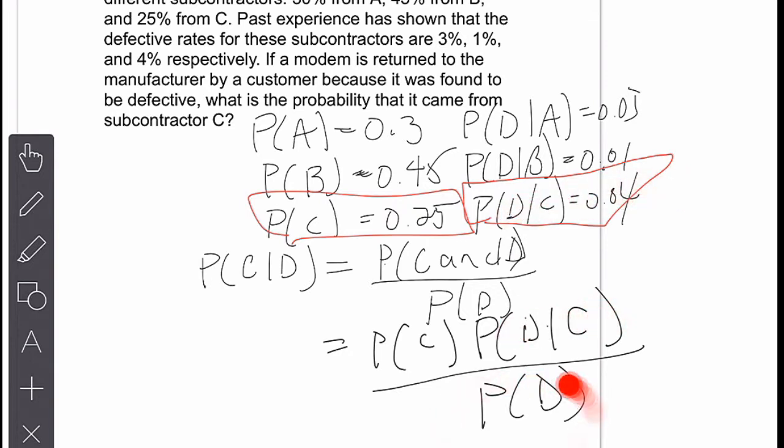As far as defective, what's the probability of defective? You need to expand this too. How are you going to do that? What's the probability of defective?